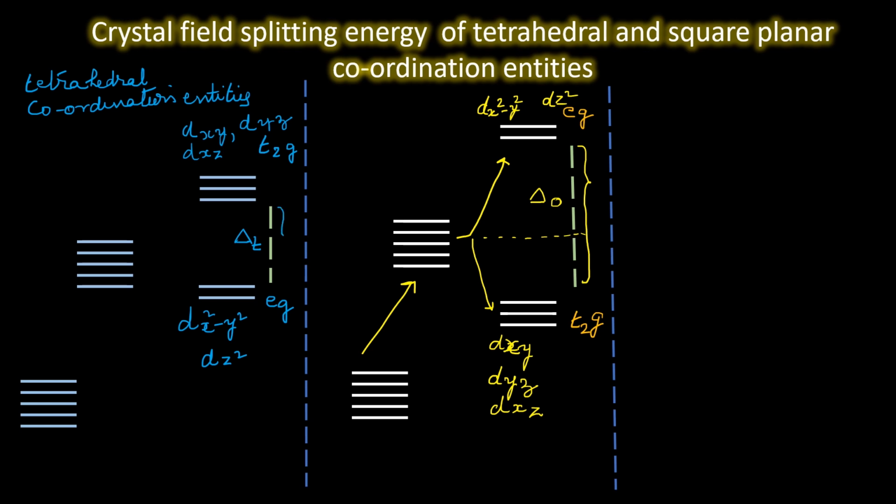pairing of electrons in the d orbitals depends upon the relative magnitudes of pairing energy and crystal field splitting energy. If crystal field energy is greater than pairing energy, the electron will enter the higher energy level only after pairing the electrons in the lower energy levels.